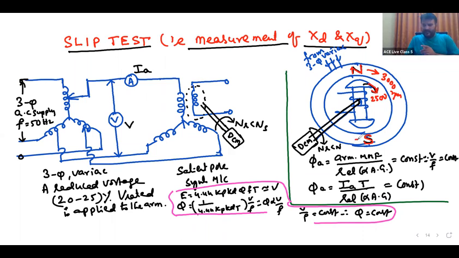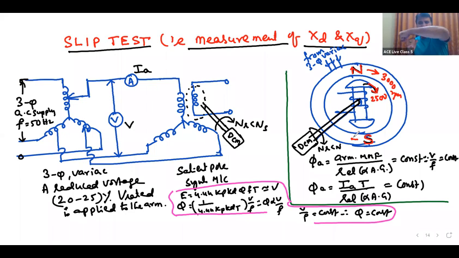Then there will be relative motion between the armature field and the rotor. The important thing here is that right now the armature poles are aligned with the direct axis, but there are no poles on the rotor. Only the stator poles, the armature poles, are rotating at 3000 RPM, but our rotor is slower. Right now it is aligned with the direct axis, but after some time the angle between the two will change. Both are rotating, but one is moving faster.